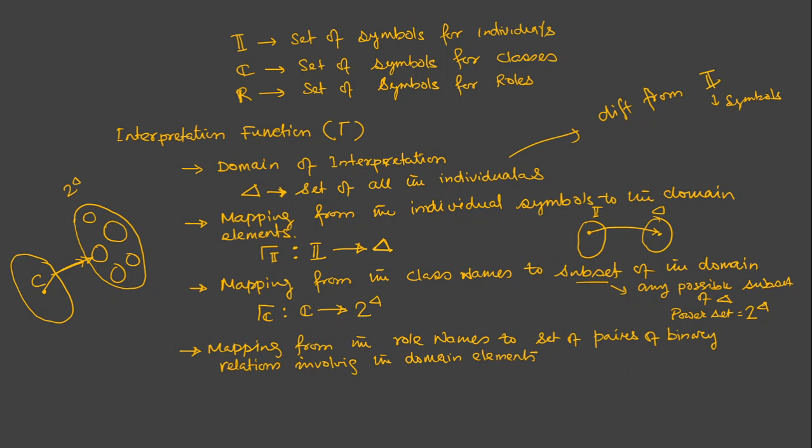Now let us consider that the domain of elements is delta, which is basically the set of all the individuals. Now let us consider that you have relations between every pair of individuals in this domain. So the set that will represent all possible pairs would be the Cartesian product of these two. So this will represent all pairs of individuals.